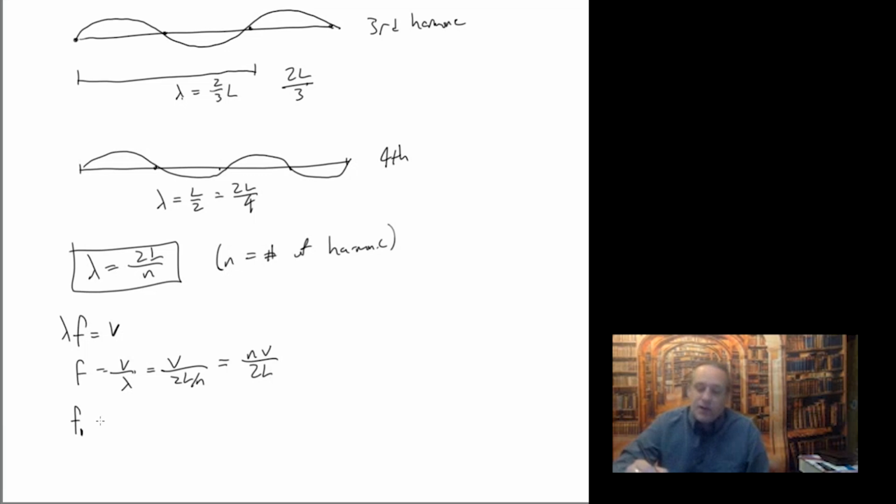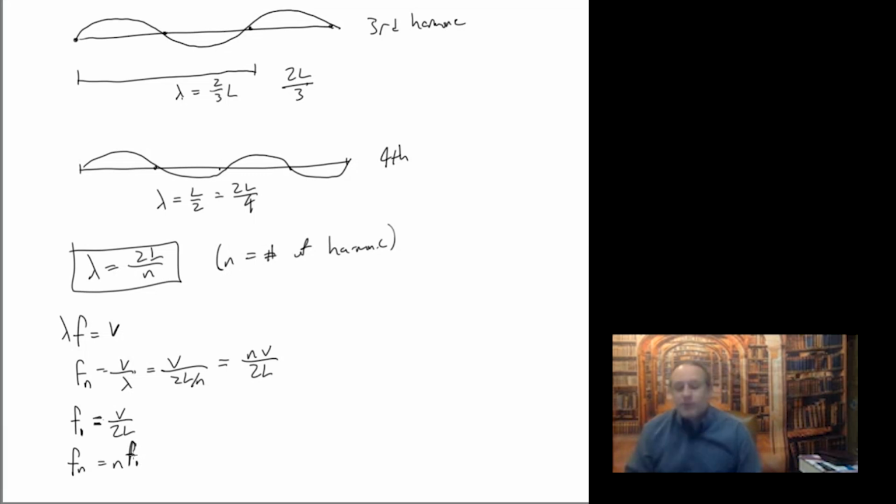The first harmonic frequency would be called F1. That would be when n equals 1. Let's call this F sub n. That's V over 2L. And so the nth harmonic formula is just the number of the harmonic times the frequency of the fundamental frequency, or the first harmonic.